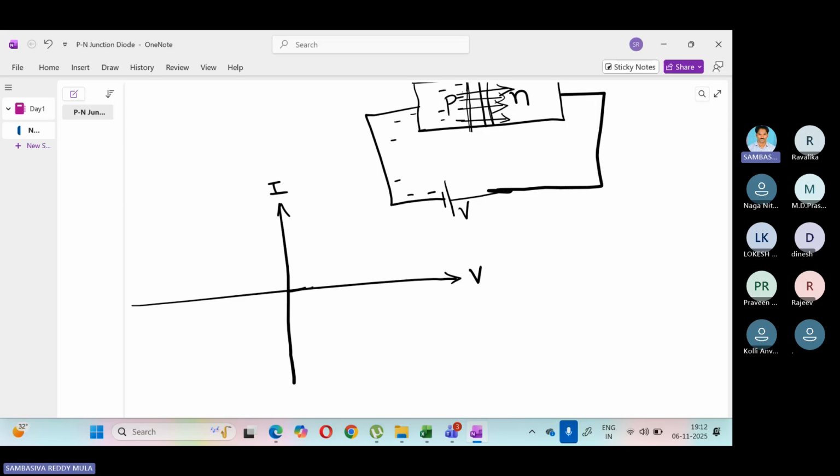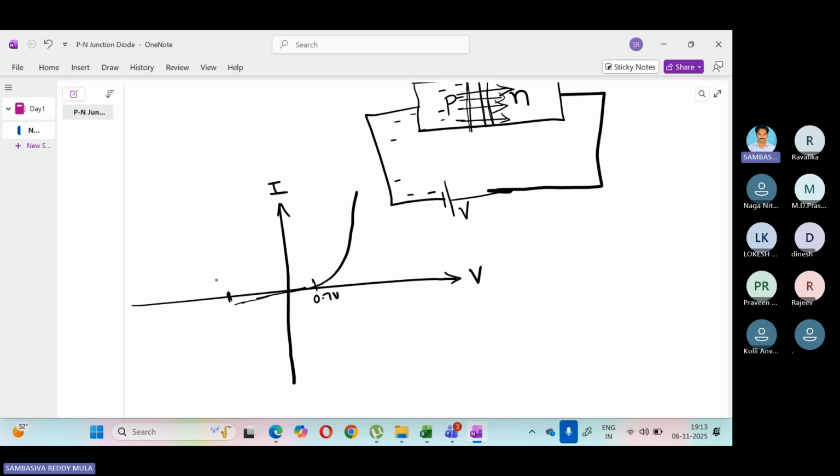If it is a silicon diode, after the 0.7 volts cut-in voltage, the current starts flowing through the diode. Whereas in the reverse bias, a small current in the order of microamps will flow up to this breakdown voltage. The breakdown generally occurs from 3 to 5 volts. That depends on the amount of doping.